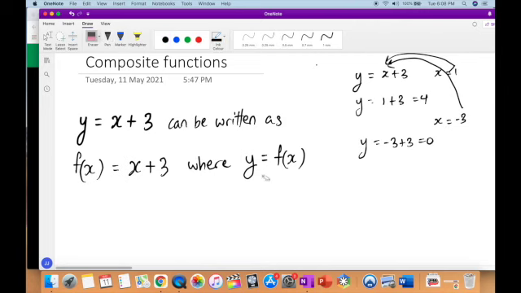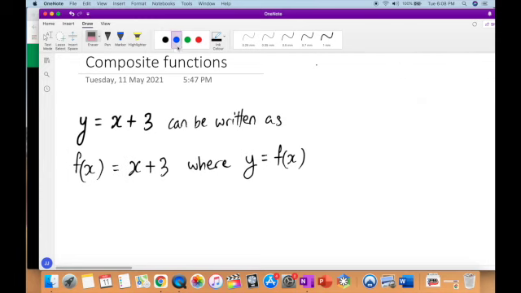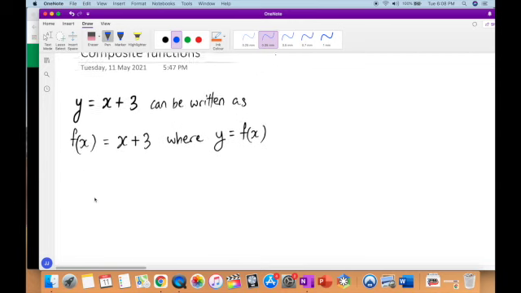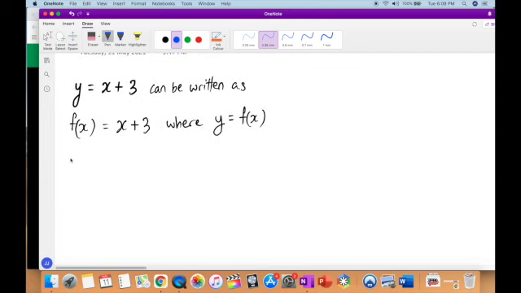But now that we have this f of x terminology, we could actually write it in a different way. We don't have to write when x equals 1 anymore. Now we could just write the f of 1, so the function when x is 1. You can see that I put 1 where x is.